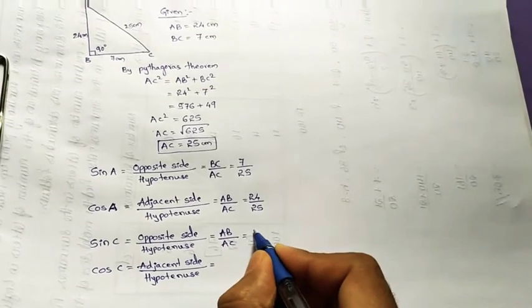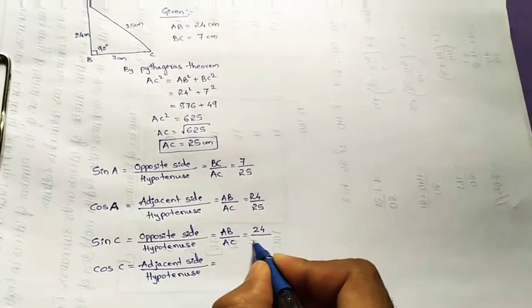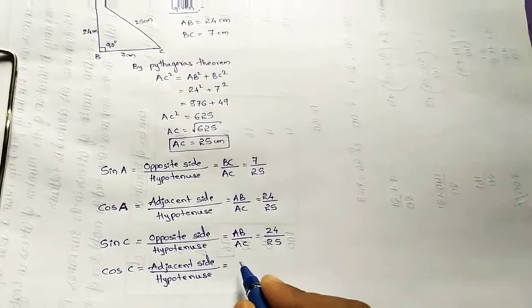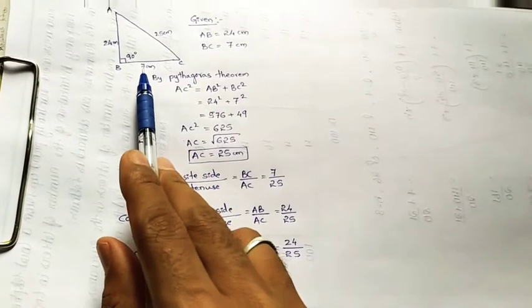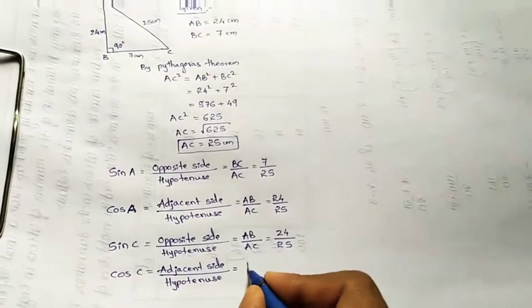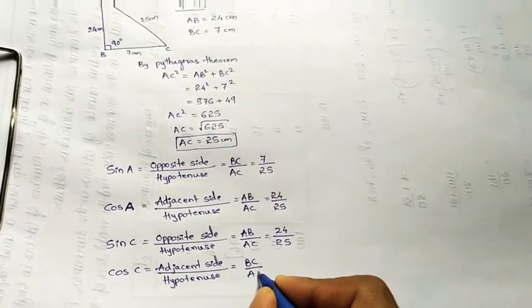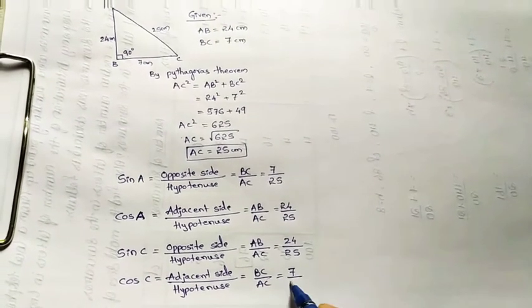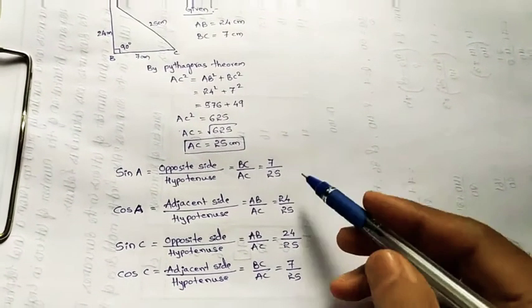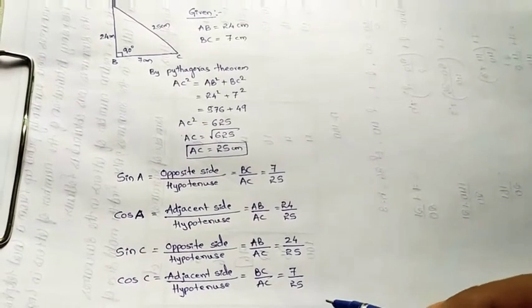So AB is 24 and AC is 25. Next, the adjacent side for C is BC, so cos C is BC by AC. BC is 7 and AC is 25. So these are our required answers.